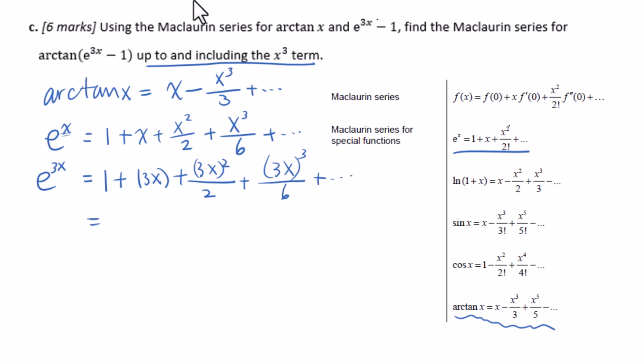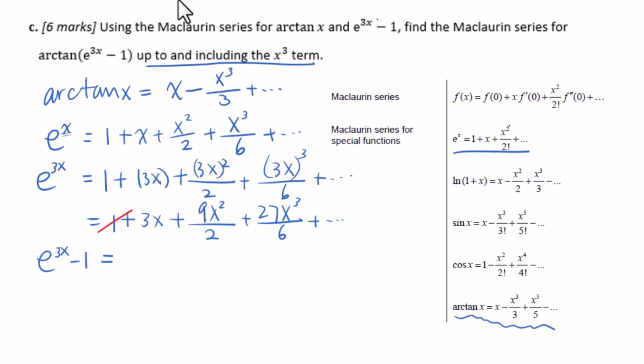Simplify: 1 plus 3x plus 9x squared over 2 plus 27x to the third power over 6. e to the 3x power minus 1 equals, the 1 is gone, 3x plus 9 over 2 x squared, reduce, plus 9 over 2 x to the third power.